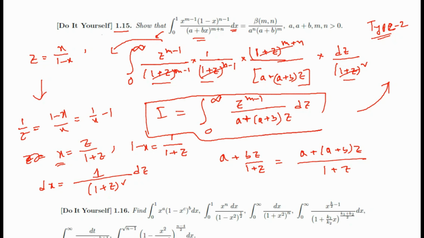Again, if we can give a hint here, that power will be m plus n, and just take a common and then put (a plus b z) by a equal to some u, and proceed similarly.